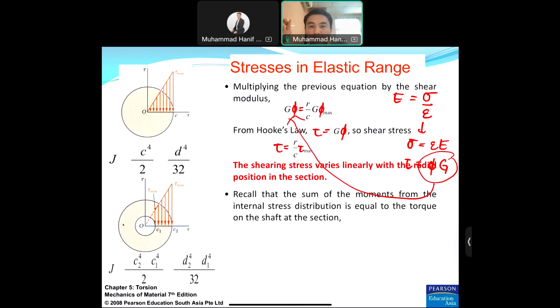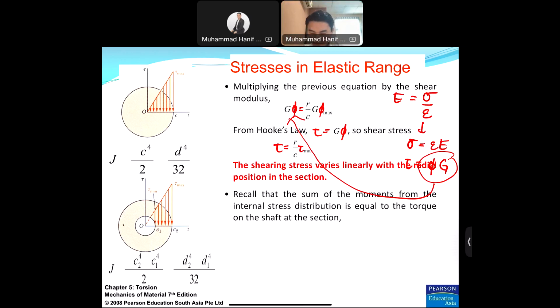If you want to calculate the shearing stress, you can see the equation has r, so the stress is affected by the radius. This is the meaning of the statement. If the radius increases, the shearing stress also increases.